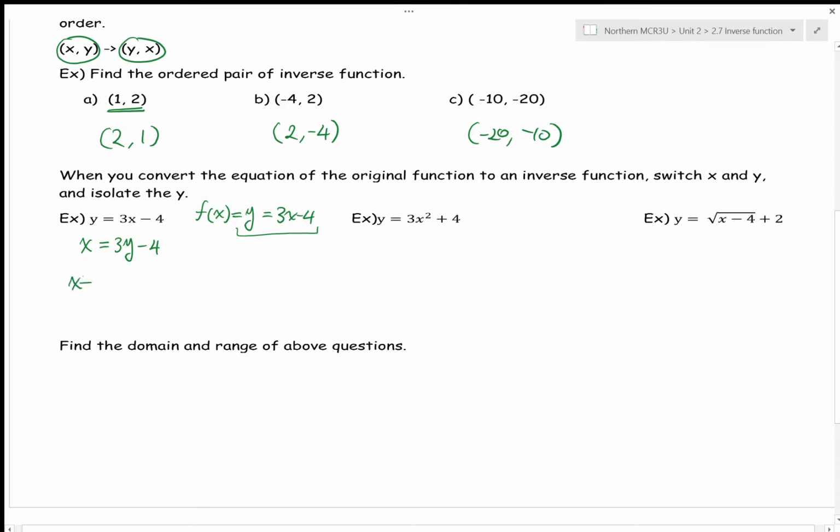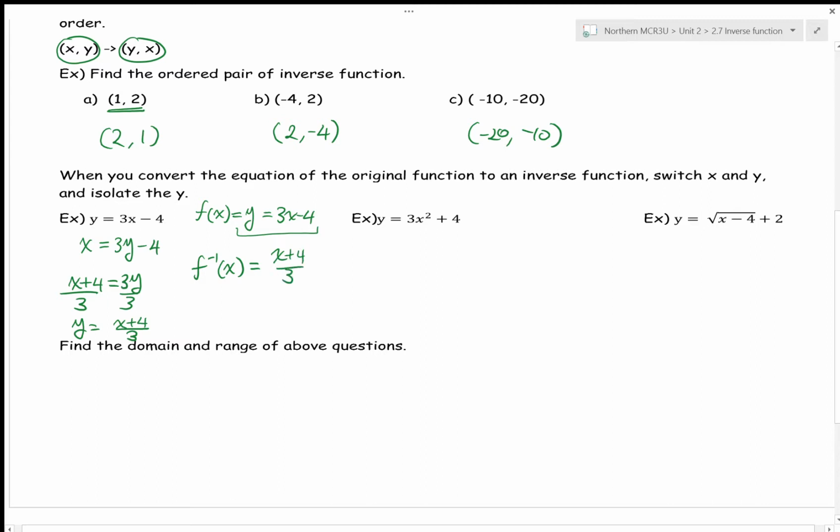So it will be x plus 4 equals 3y, and then we divide everything by 3. This eventually becomes y equals x plus 4 over 3. So your inverse function f negative 1 of x becomes x plus 4 over 3. You can simply say that easily.